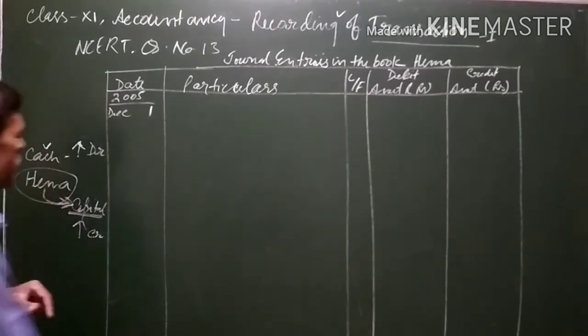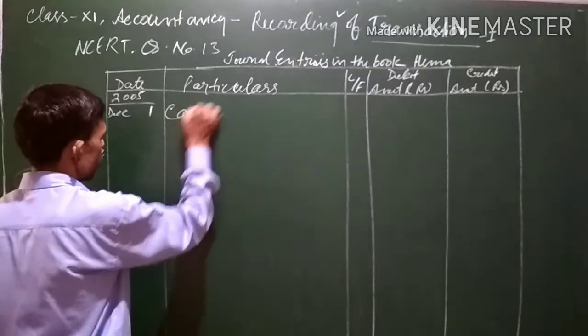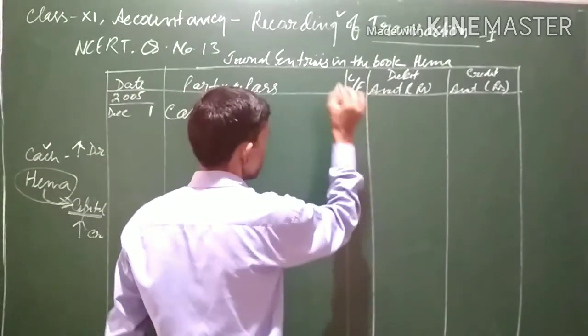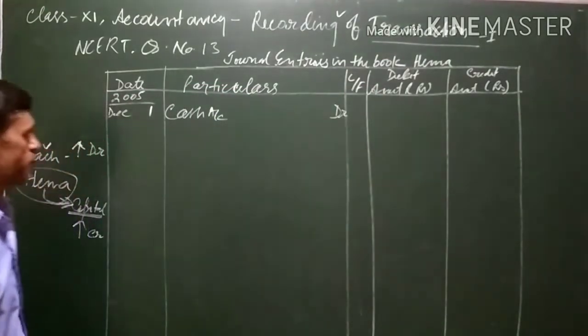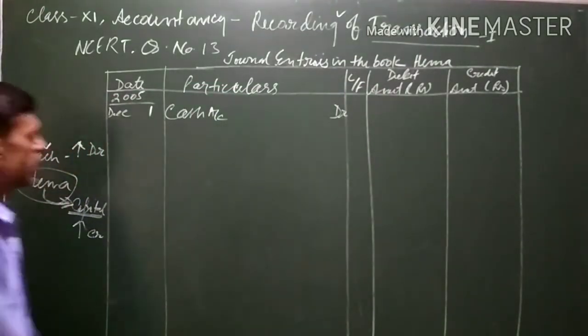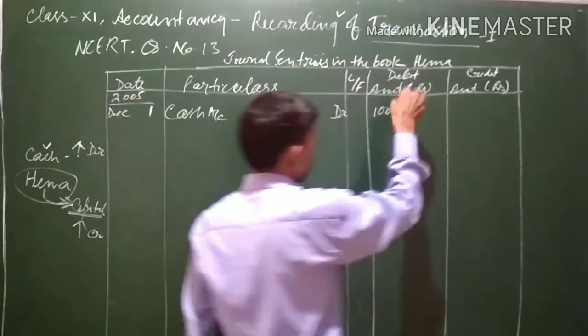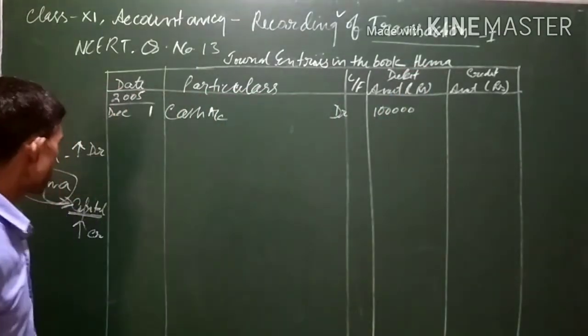First the debit is written, so cash account, debit, should be written here, and the amount should be written in the debit column in front of it.